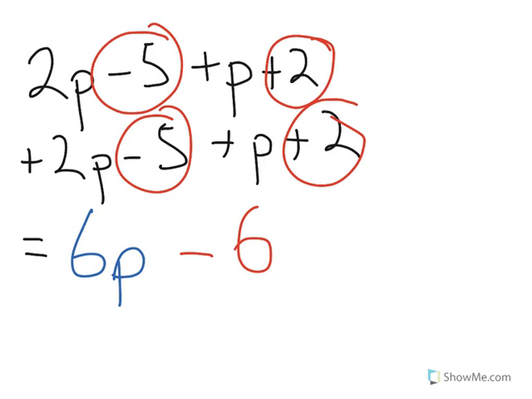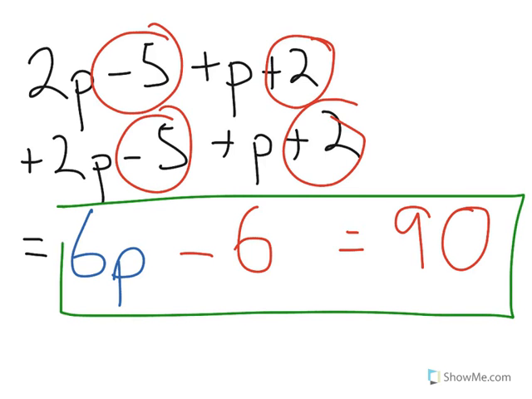And once I get that, that is equal to 90. So this is the equation that I need to solve here to figure out p. So that's what I'm going to do next.